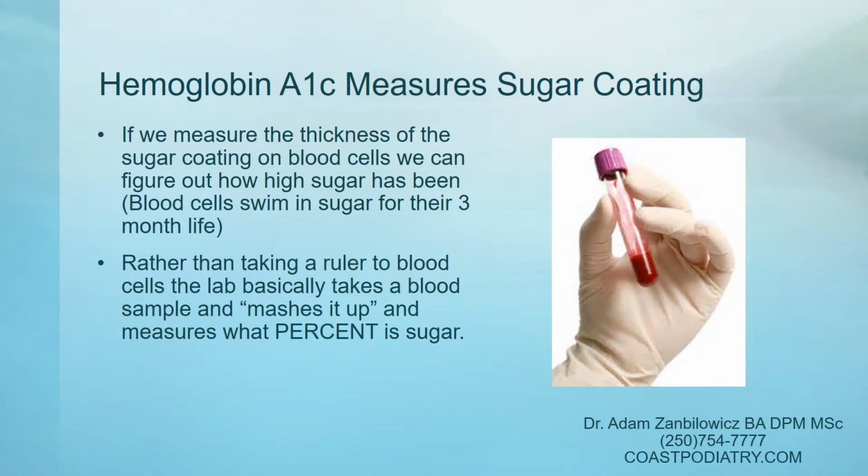We don't simply take a ruler and hold it up to the blood cells and measure how thick it is. That would be quite difficult, I don't think, and very tedious as well. Instead, for practical reasons, what actually happens is the blood cells get mashed up into a tube, and then we measure what % of the mash is sugar.